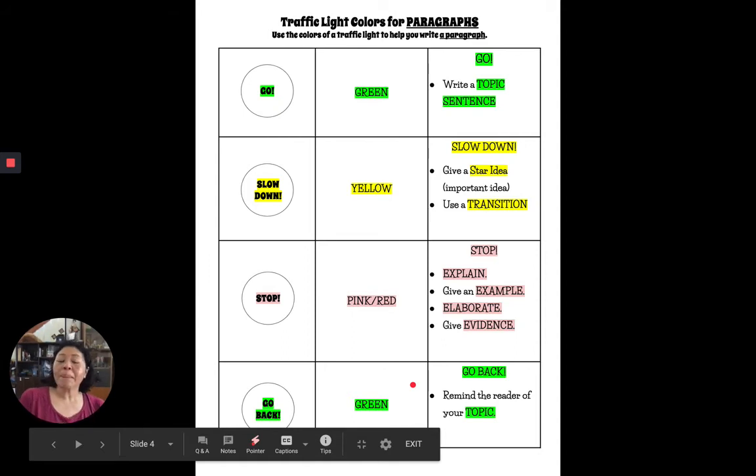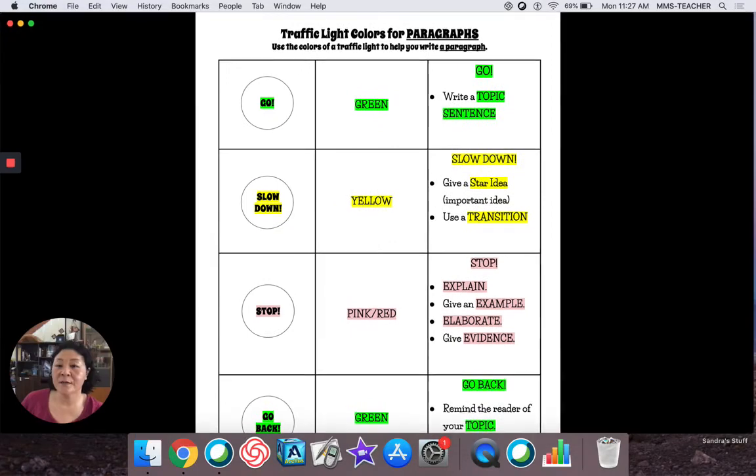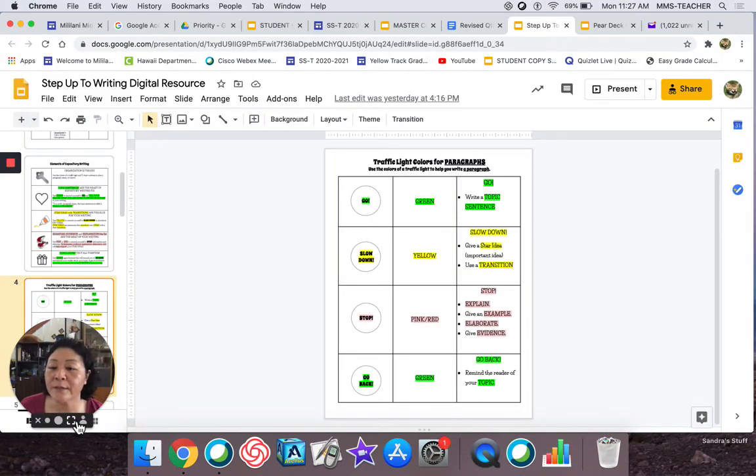Okay, so in your composition book, hold on, let me grab mine. In your composition book, you have these pages. And I'm going to escape here out of this, and I think I'm going to go to full screen.